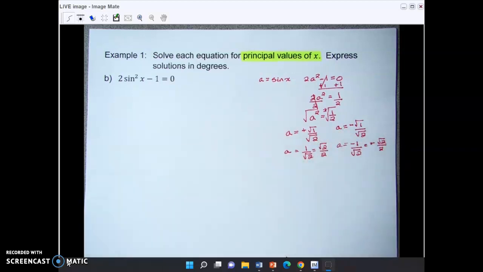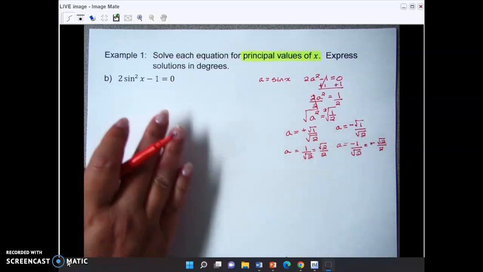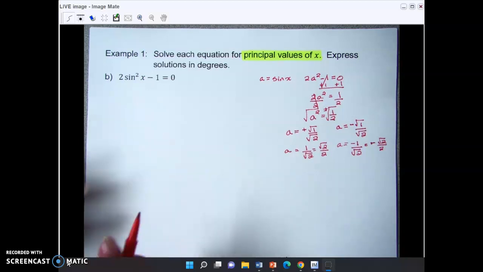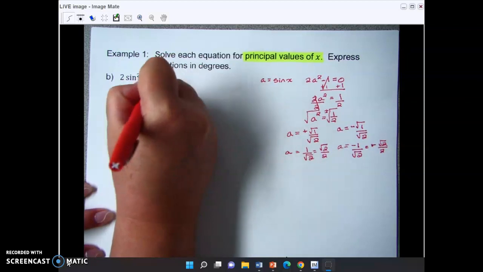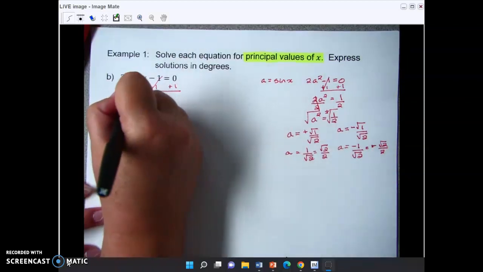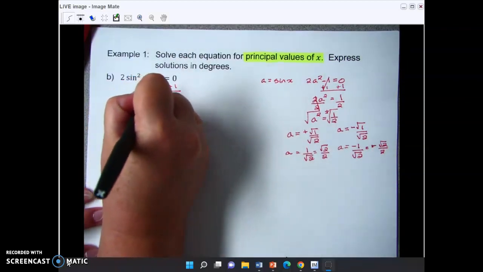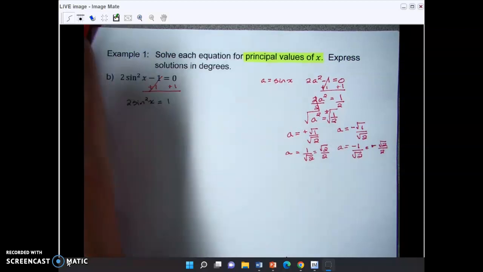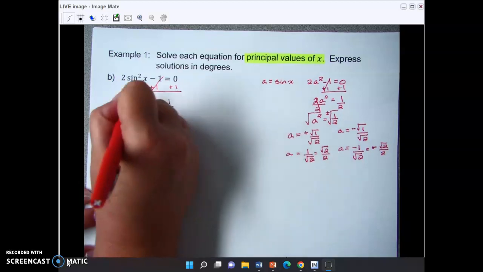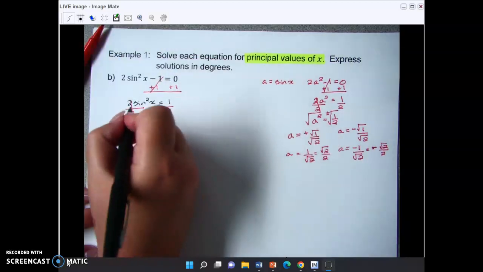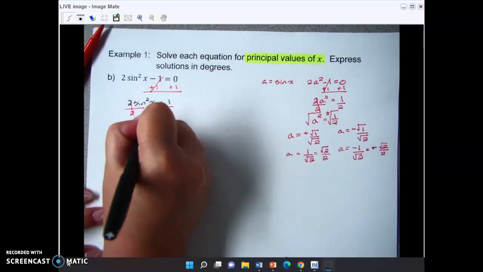Okay. So we're going to do the same thing over here, but with sine of x. So if we add 1 to both sides, we get 2 sine squared of x is equal to 1. Then if I divide both sides by 2, we get sine squared of x is equal to 1/2.